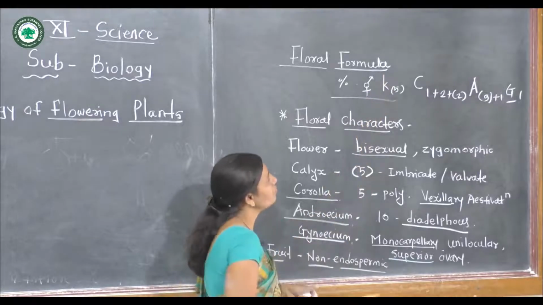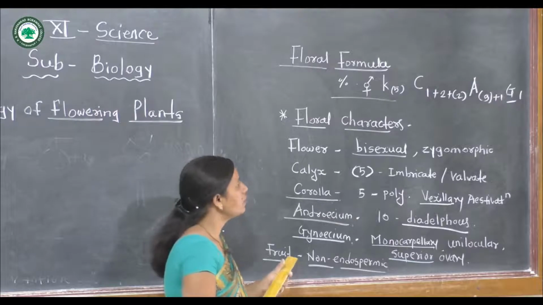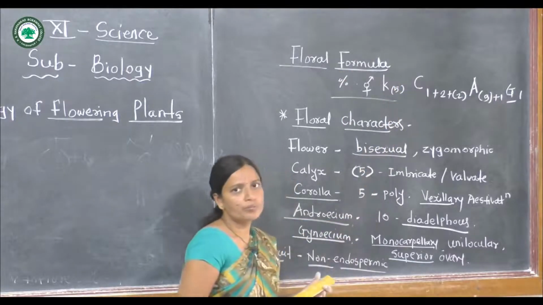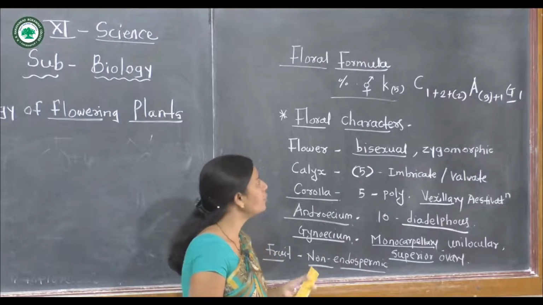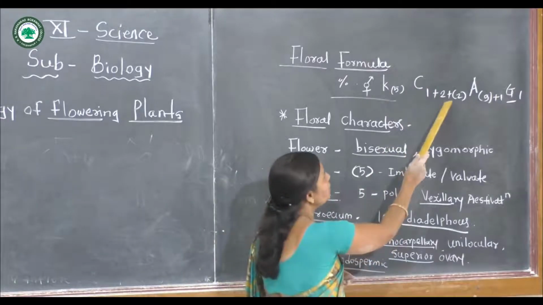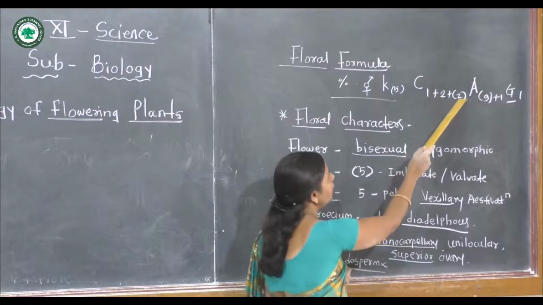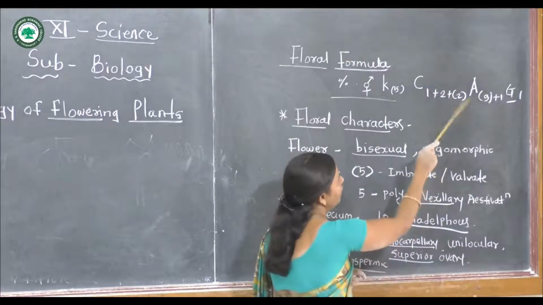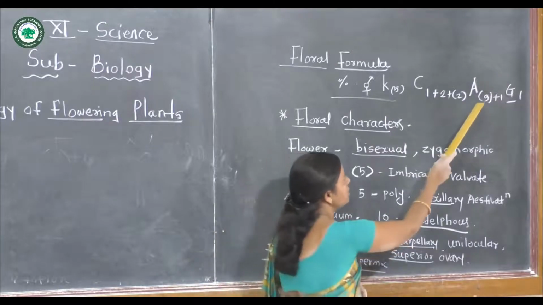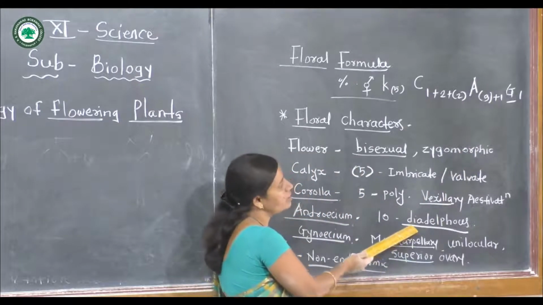The next one, calyx. Calyx symbol is capital K. This calyx is 5 in number and it is gamosepalous, a fused condition. This corolla is a 1 plus 2 plus 2 arrangement, and these 3 are free and 2 are jointed, fused to each other. The androecium of this family, the stamens, is a 9 plus 1 arrangement, a diadelphous condition.